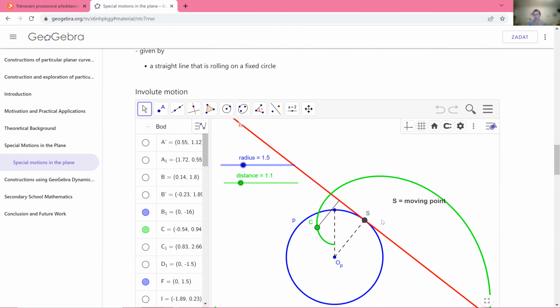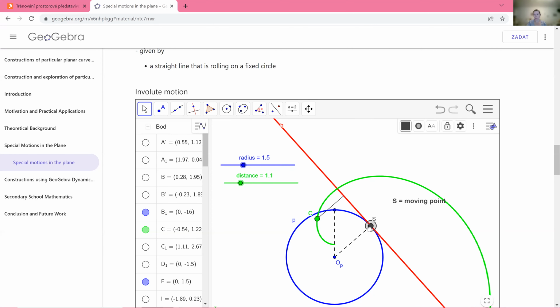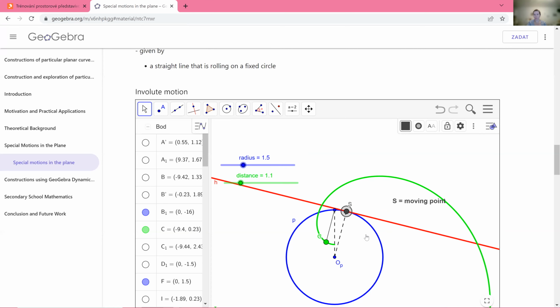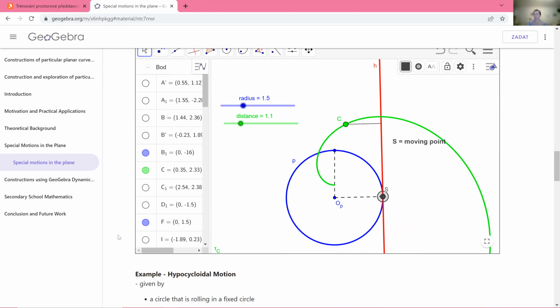Or actually, this is an inverse motion of cycloidal motion, where a straight line is rolling on a fixed circle. And we can get the curves which are called involutes.